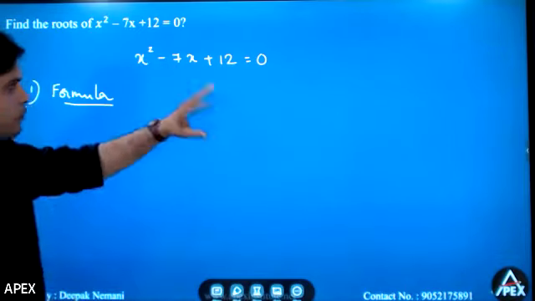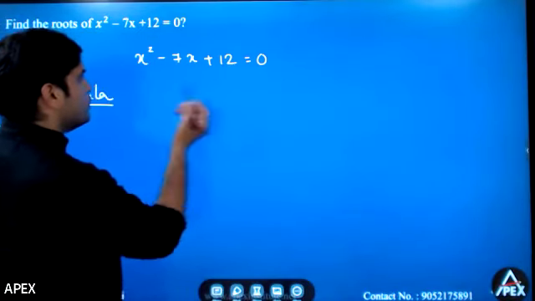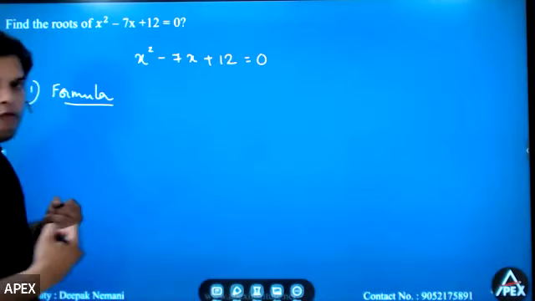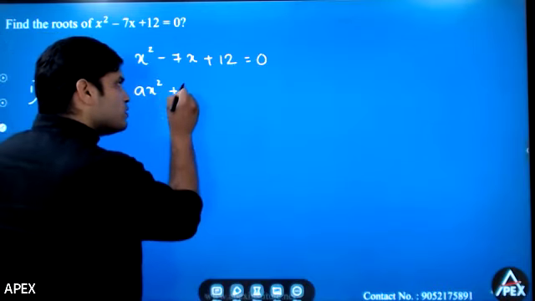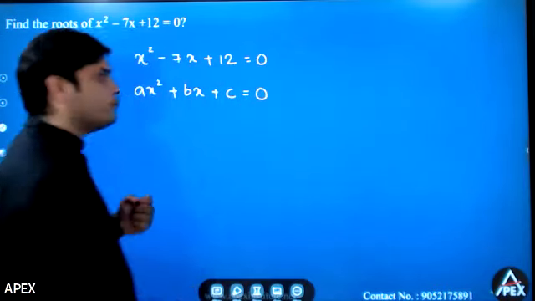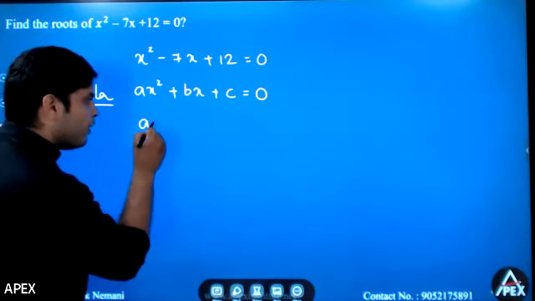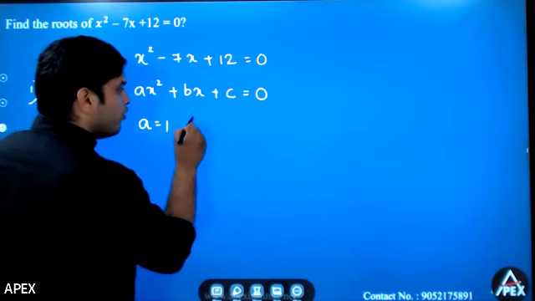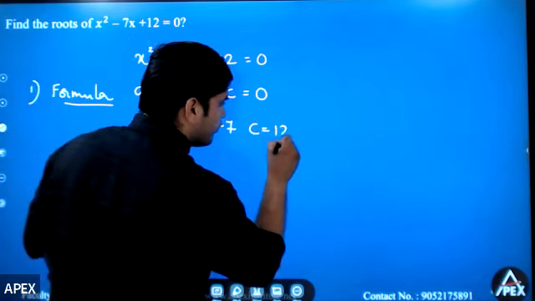So x square minus 7x plus 12 is equal to 0. Compare this with generalized form of a quadratic equation, ax square plus bx plus c is equal to 0. Now comparing these two, I can say that the value of a is equal to 1 here, value of b is equal to minus 7, and value of c is equal to 12.